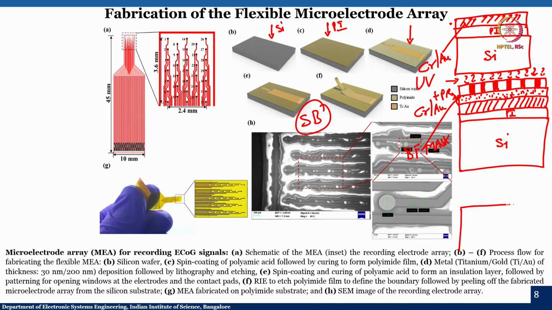We will have a silicon wafer with PI and chrome gold, followed by the pattern that we are supposed to get.